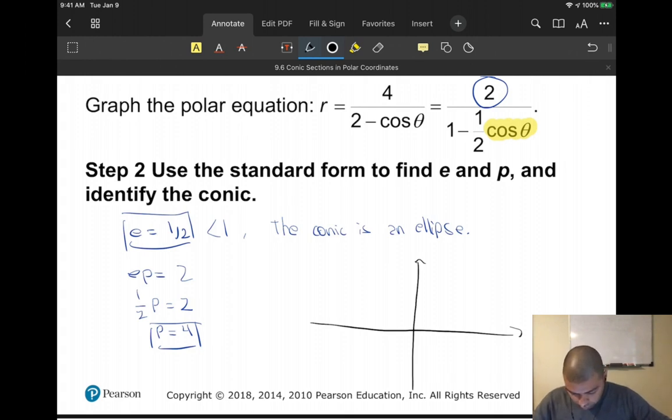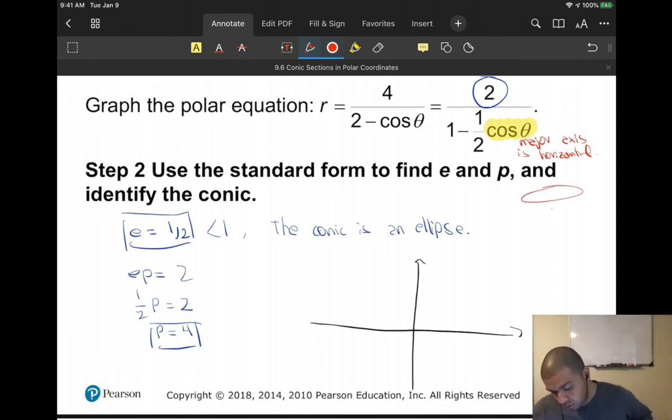This means the major axis. Major axis just means the longest axis of the ellipse. The ellipse is longer horizontally than vertically. So the ellipse is like this, not like this.